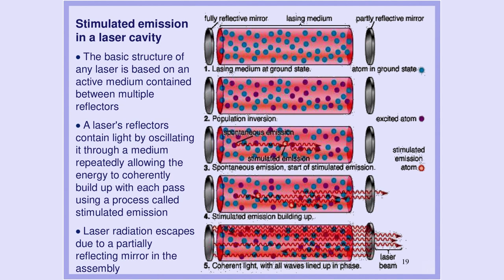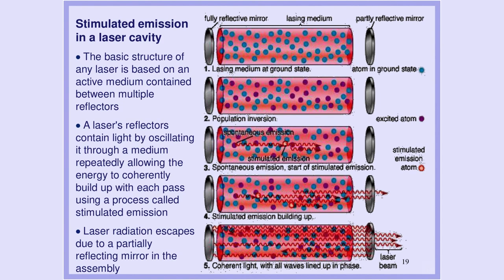Some photons are lost through the sides, but one is shown initiating stimulated emission perpendicular to the ends. After partial reflection, the build-up of coherent photons occurs, as illustrated by the diagram under number 4.